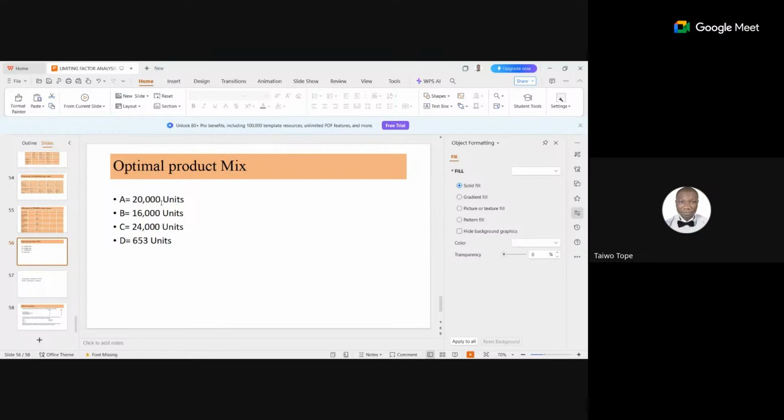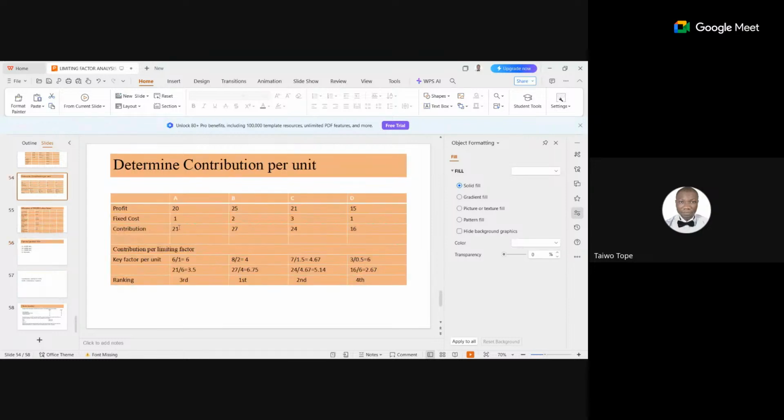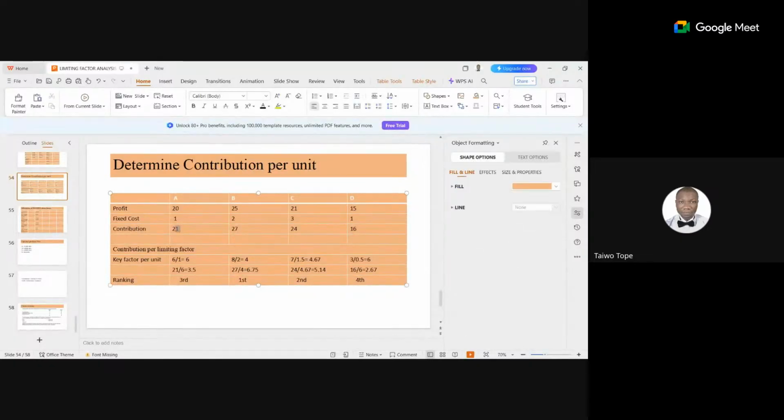From your calculation, your contribution per unit is 21, isn't it? So your total contribution for product A will be 21 multiplied by 20,000.